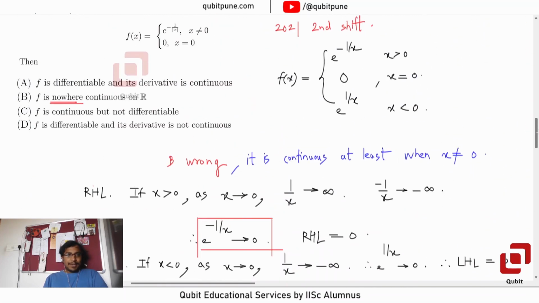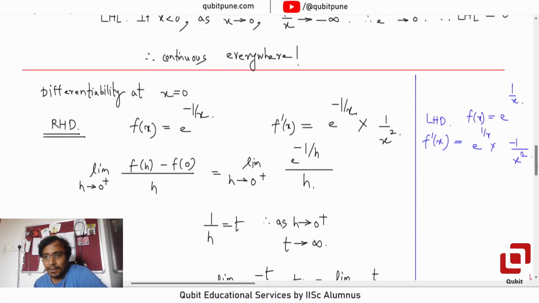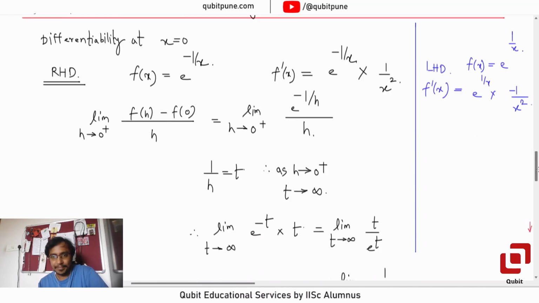Whew, okay, so at least we have proved that it is differentiable at 0, and of course it is differentiable everywhere, so not differentiable is also not true. Now we have to see whether its derivative is continuous. How to check whether its derivative is continuous? Go back to the derivative, the left hand and right hand derivatives, and evaluate their limits.